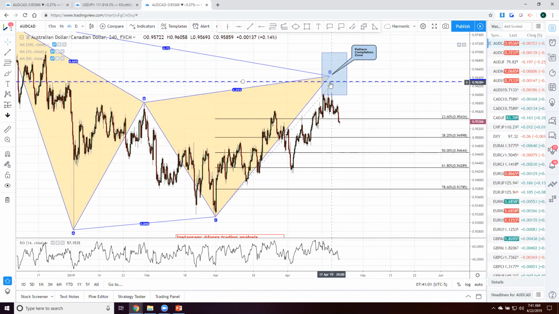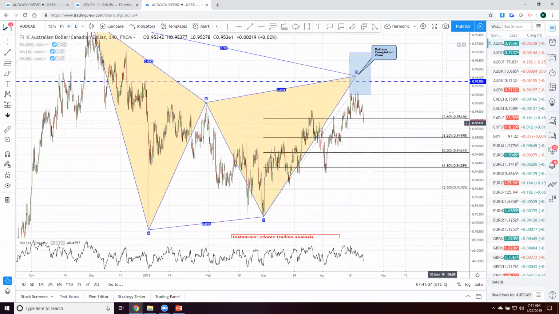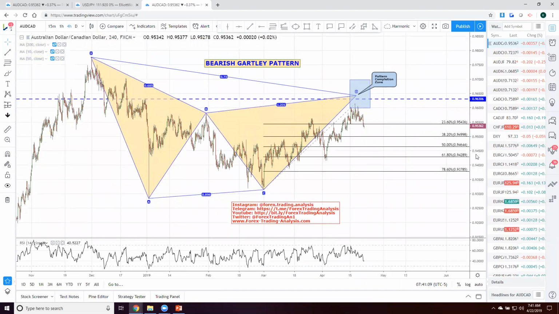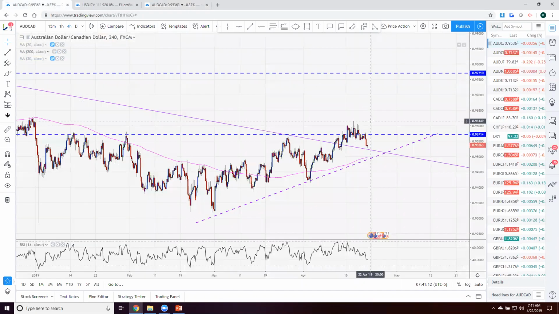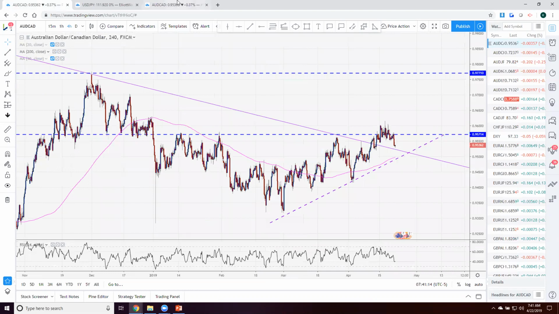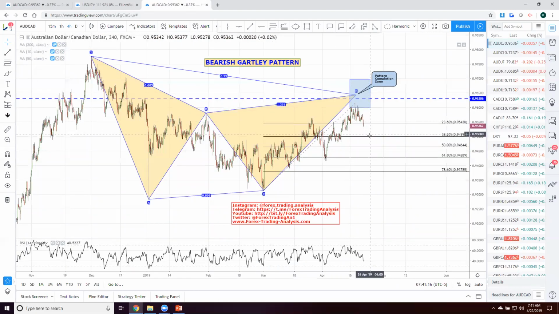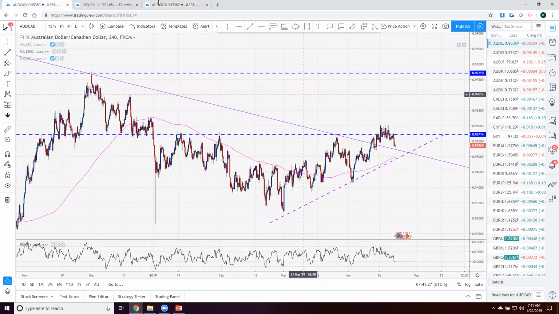So whether this pattern completes or continues lower remains to be seen, but it's just another aspect of how we try to identify trades in the market with a couple of different methods. So we could see a further drop down to the 38.2% around 9,500, or it could just continue on. So it's just one of the things to monitor.